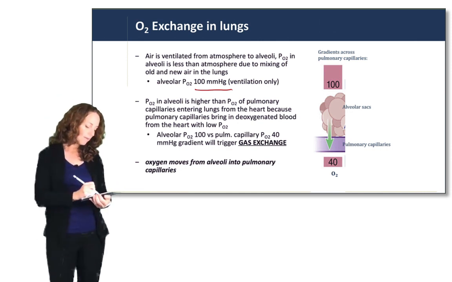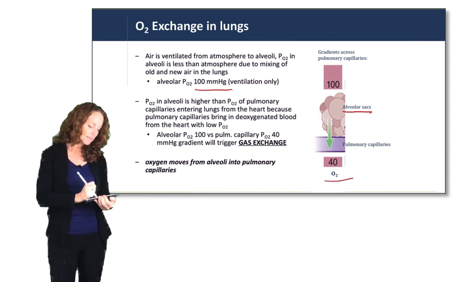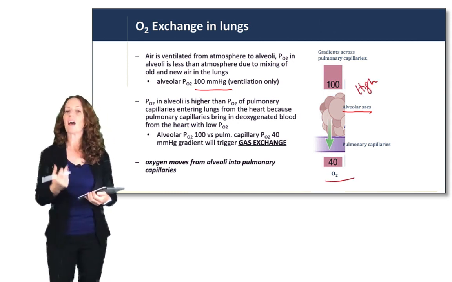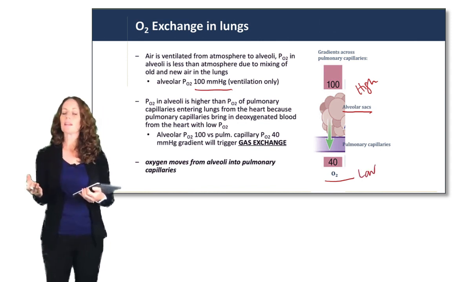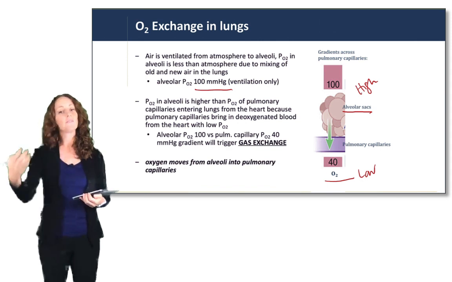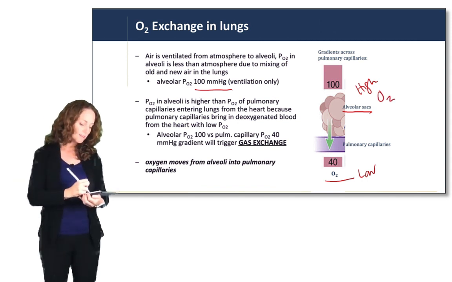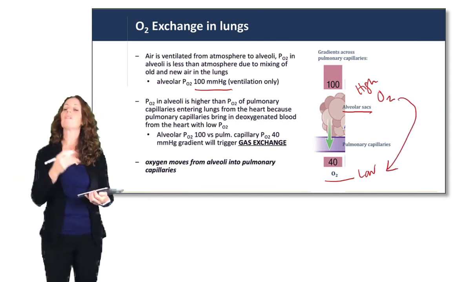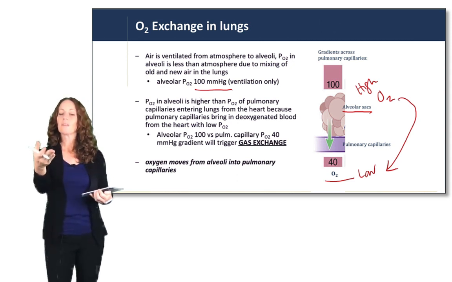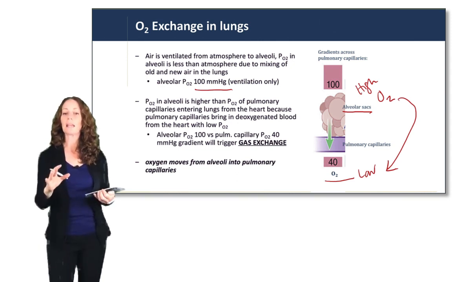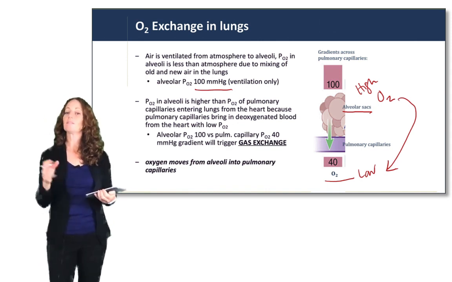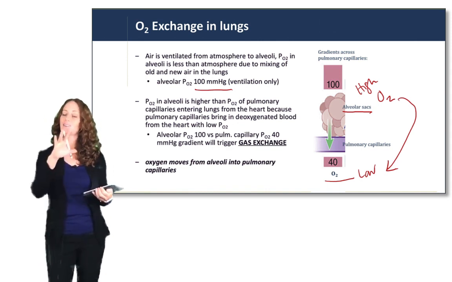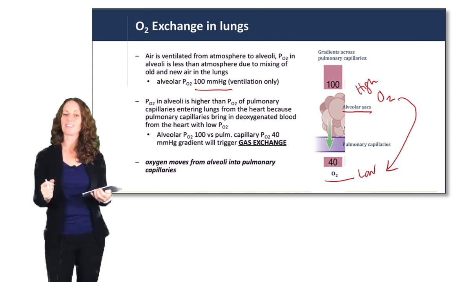So we can see now that from the alveoli to the blood, we have higher pressure within the alveoli air sacs and lower pressure within the pulmonary capillaries, and this creates a diffusion gradient so that oxygen will now move from the alveoli across the respiratory membrane into the pulmonary capillaries from this high to low pressure gradient. This is our first site of gas exchange.